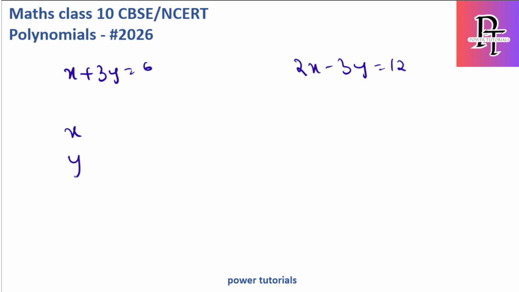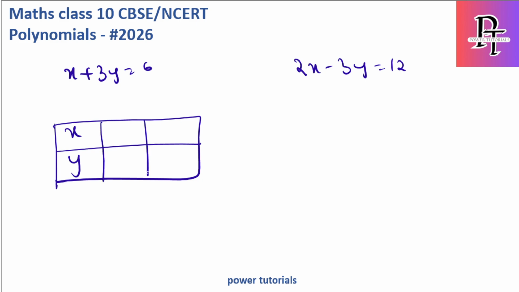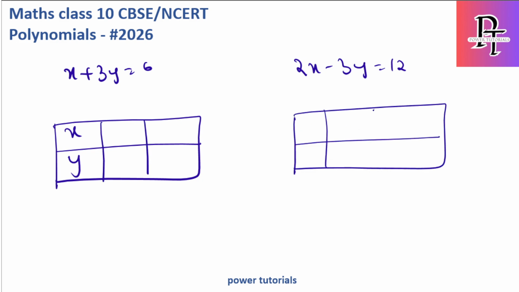So I told you I need to prepare a box which is having two values. Same way for second equation, prepare a box, x, y values. Keep x as 0, then it becomes 3y is 6, y is 2. If I keep y as 0, I'll get x value as 6.